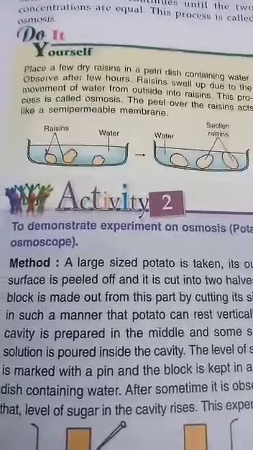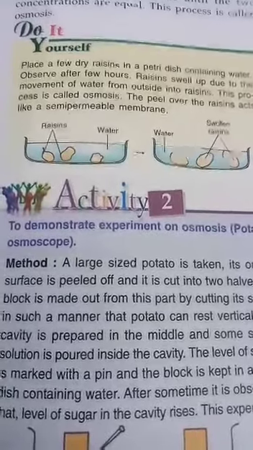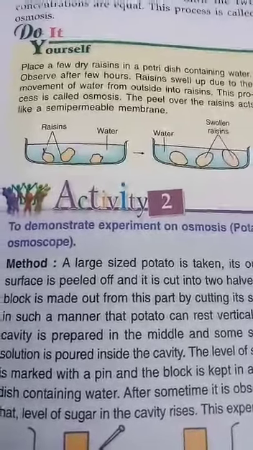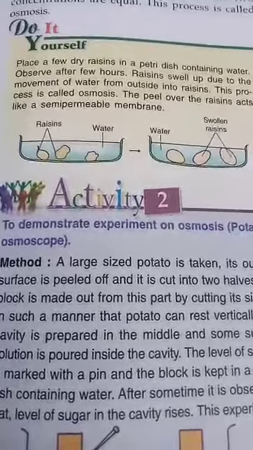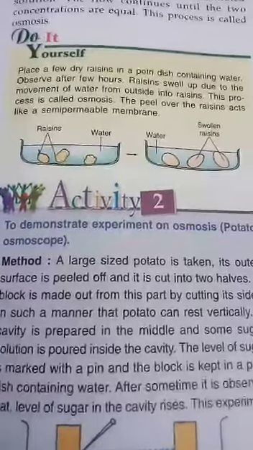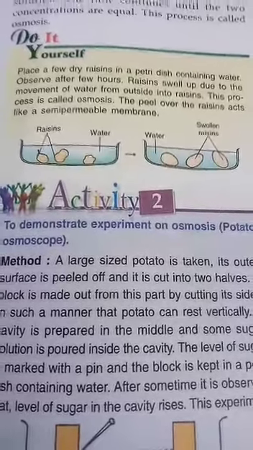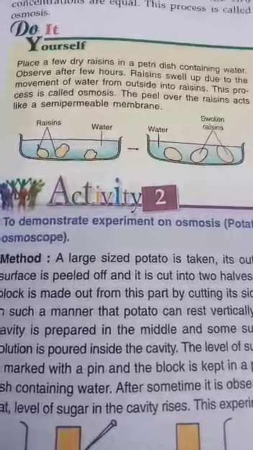Why? Because the water from outside has gone inside through a semi-permeable membrane. And what is the semi-permeable membrane here? It is the outer covering of the seed. It acts as a semi-permeable membrane.